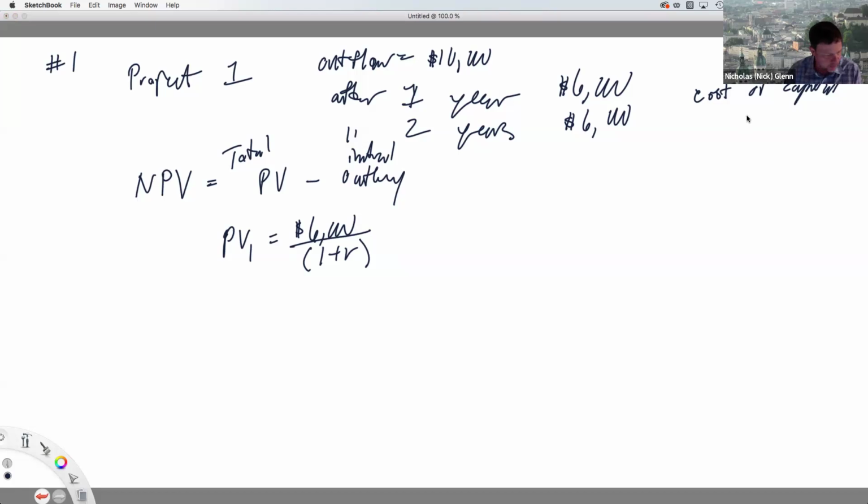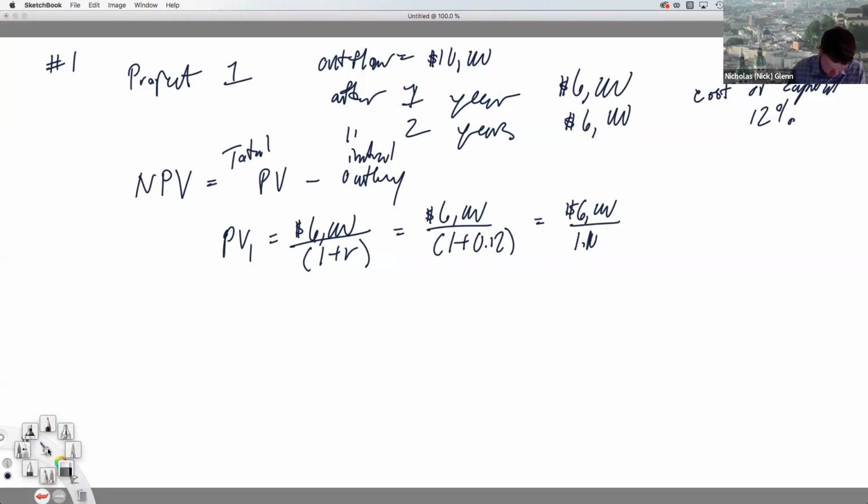Their cost of capital, their borrowing cost, is going to be 12%. So we'll write this in decimal form: 6,000 divided by 1 plus 0.12. So this is essentially 6,000 divided by 1.12.